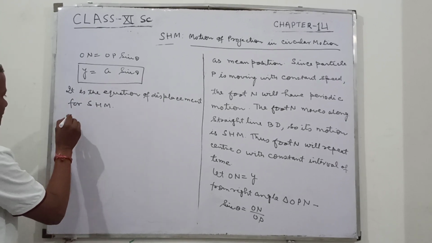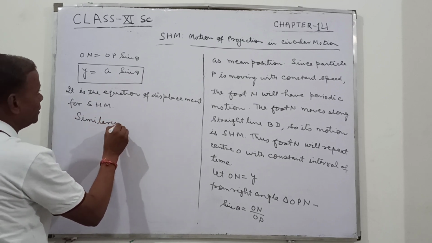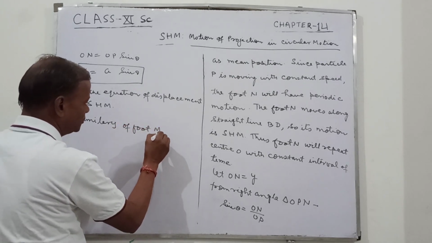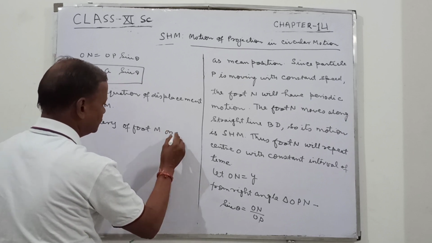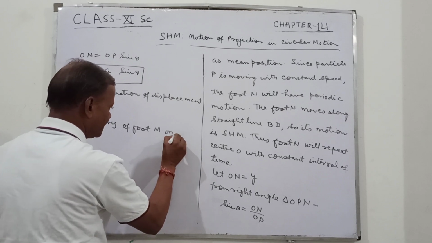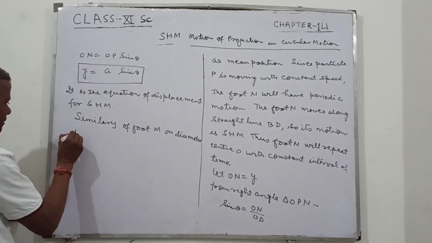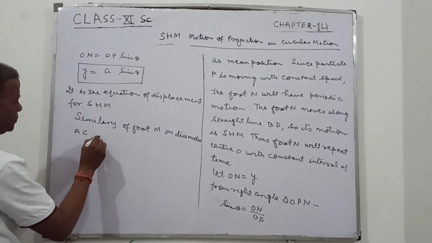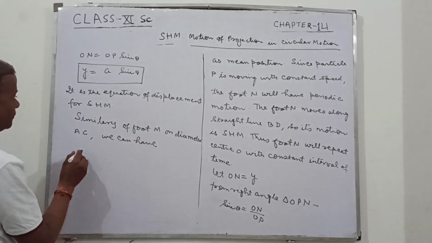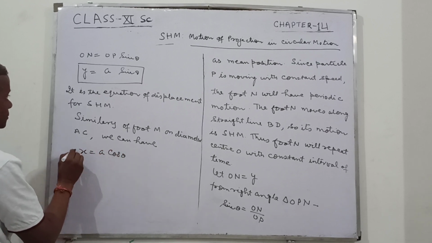Now similarly, for M on diameter AC, we can have x equal to a cos theta.